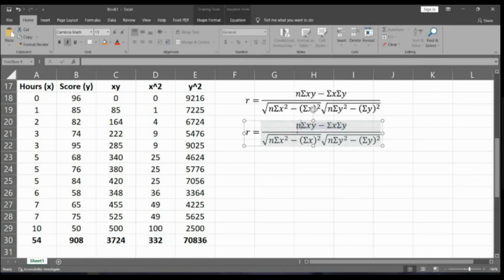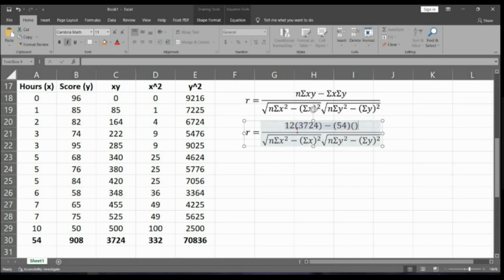What is our n? How many students were involved? How many pairs of data do we have? Guys, how many pairs of data we have? 12 po. Hi, we have 12. Summation of xy, we have 3,724. Summation of x is 54.